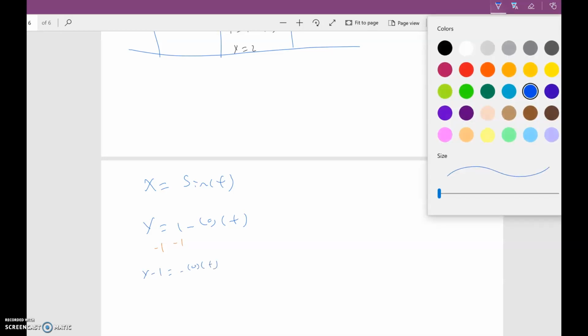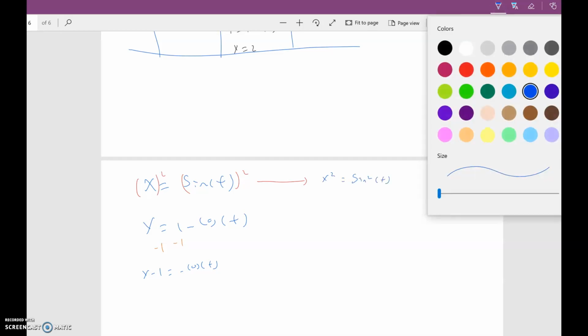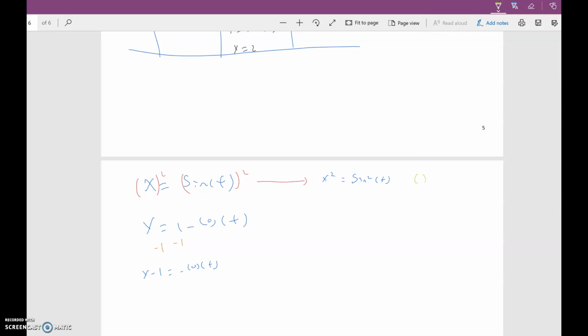And from the first equation, if you were to square this, and the reason I'm going in this direction is because you have sines and cosines, and if you square those, sine squared plus cosine squared is equal to 1. That would be the most appropriate way to solve it. So you're going to get x squared is equal to sine squared of t, and I'm going to call this equation 1, just so that we keep track of them.